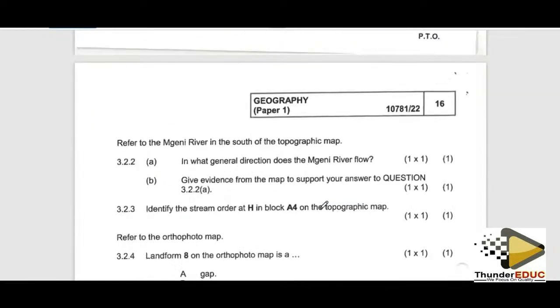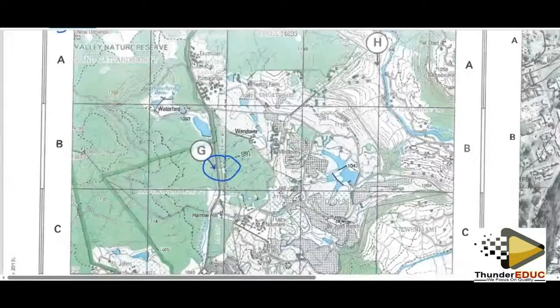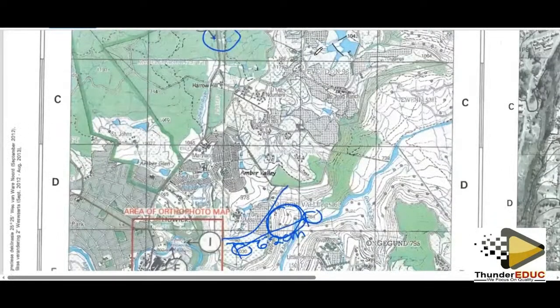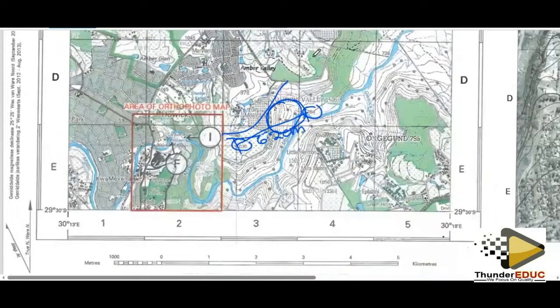Okay, we got question 3.2.2. Refer to the Umgeni River in the south of the topographic map. Let's go south. Here, this is our Umgeni River. We got it. It moves all the way. This is the Umgeni River there.